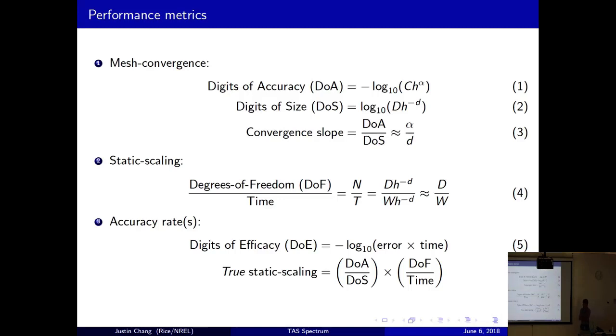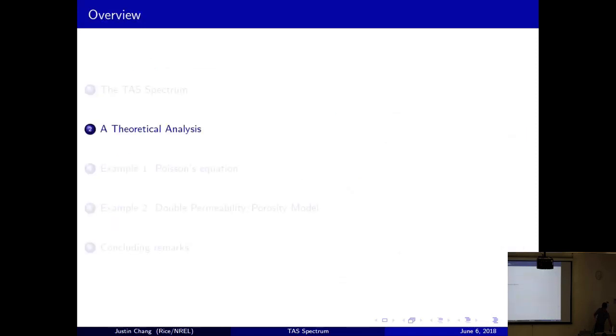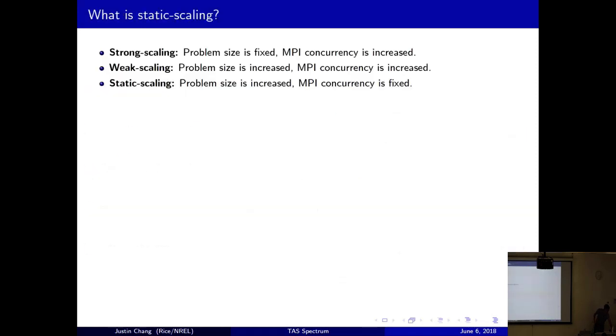Basically, the smaller the product of the error and time, the better. There's another metric called true static scaling, where we take the original static scaling but scale the DOF count by how much each degree of freedom contributes to the overall numerical accuracy. The accuracy rates, there are two of them, and I will get a little more into the theoretical analysis of this. But first, I keep saying static scaling.